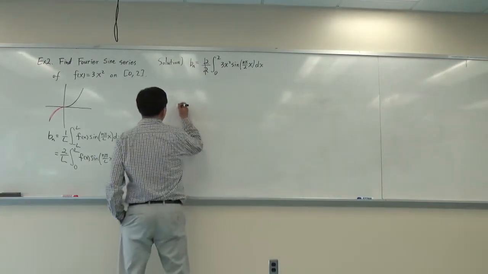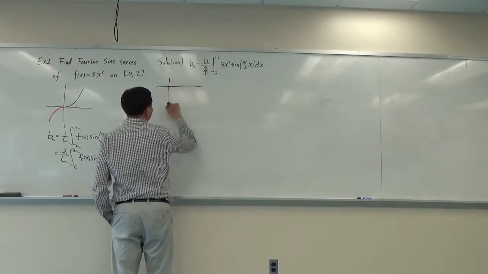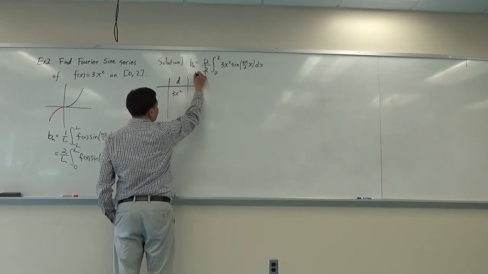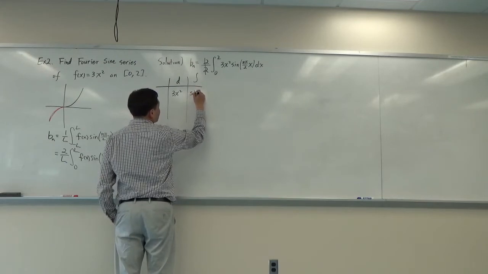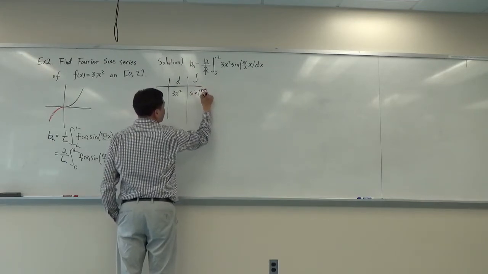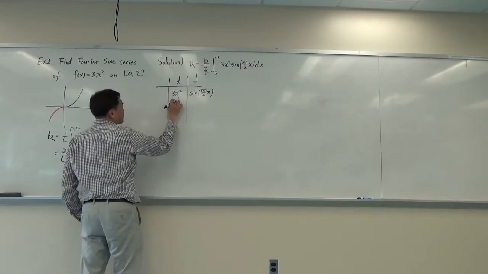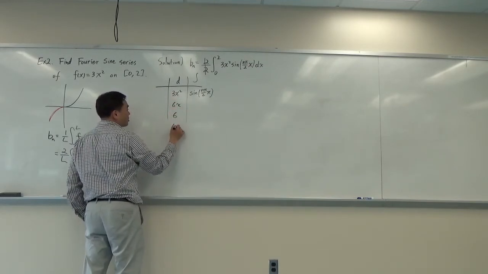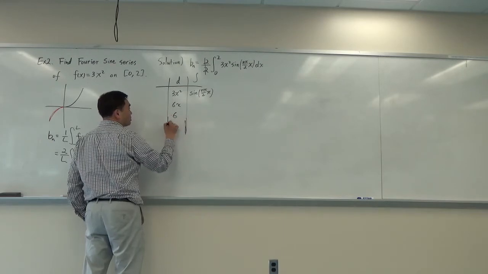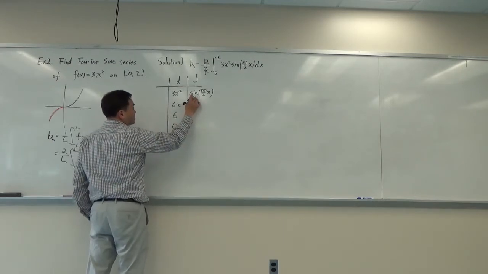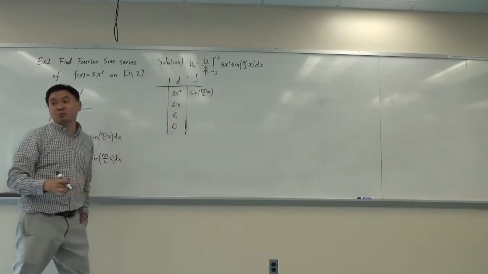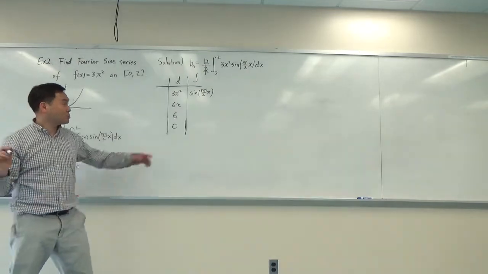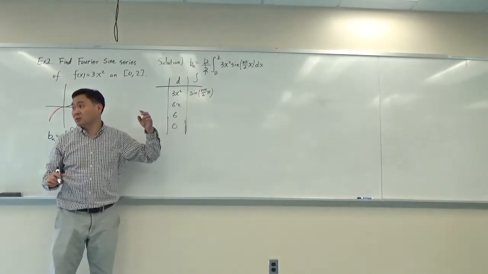Again, it's tabular. So let's write down d here and put 3x squared here, and integral here, and sine n pi over 2 x. 3x squared differentiates to 6x, 6x differentiates to 6, differentiates 6, you get 0, and then you stop. Sine integrates to, let's see if you can do this one. Sine. What is it? Negative cosine. Right, but then what else? Or 2 over n pi.